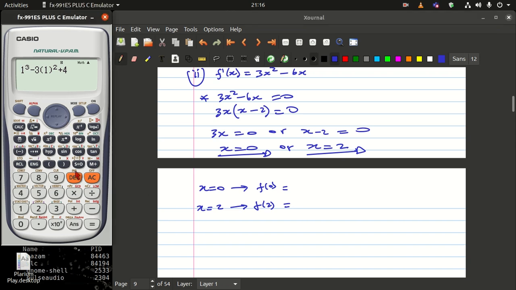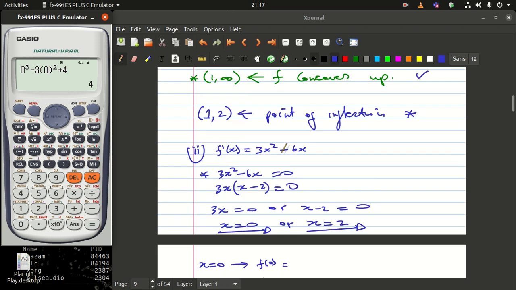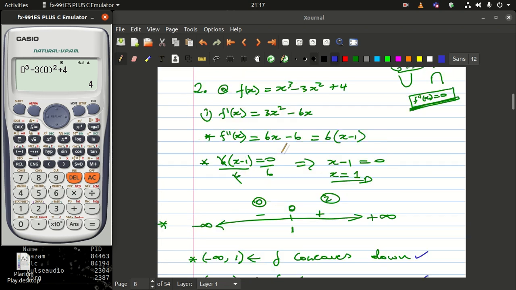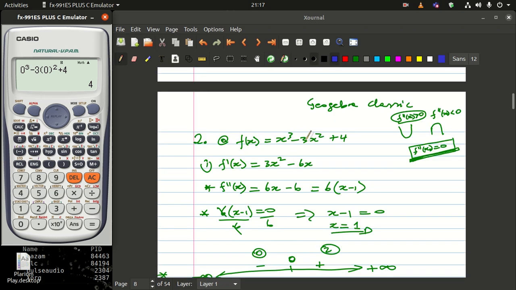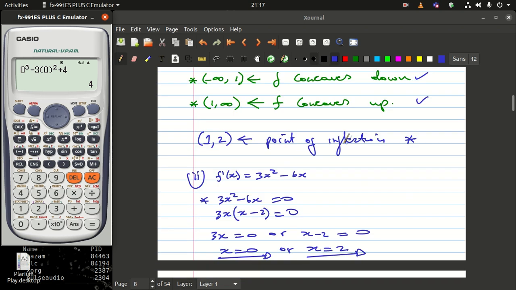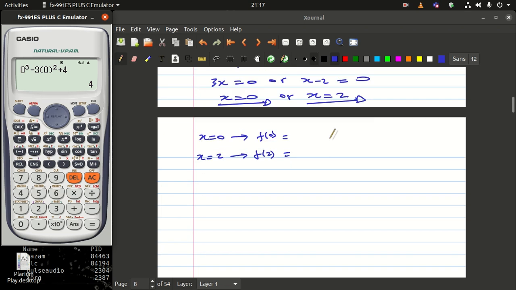So if I plug in 0 into the original function, what will I get? I'll end up getting a 4. So I plug in 0 and 0, this is 0, and I end up with a 4.